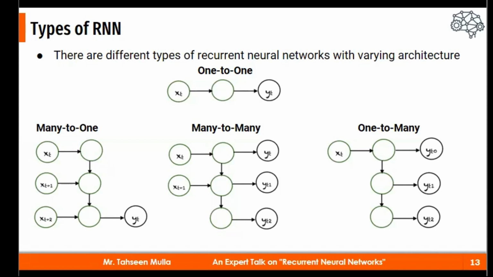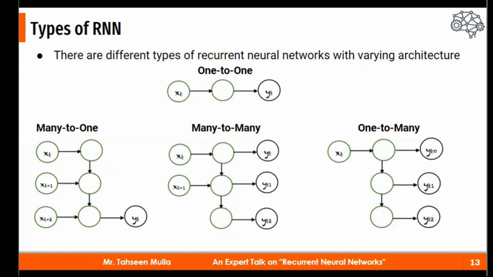For clustering, you get multiple clusters. Depending on those clusters, you need to identify which is the best fit cluster and focus on that. In the same way, in many to many, a sequence of information is taken as input, processed recurrently, and given as a sequence of data as output, right?